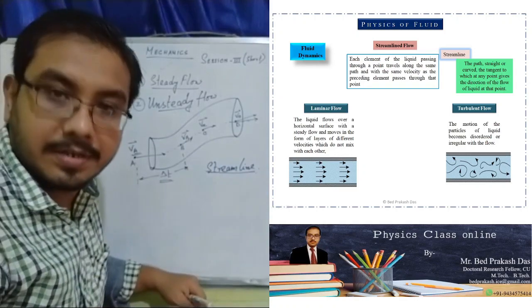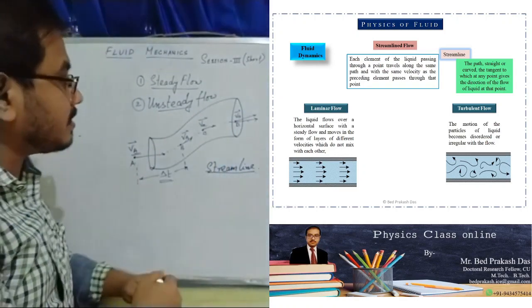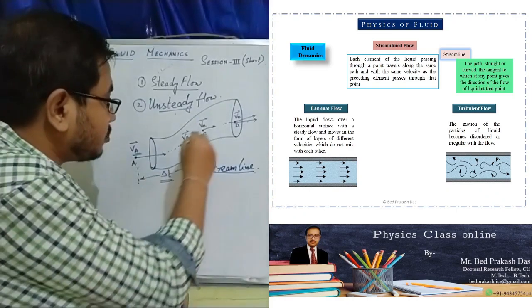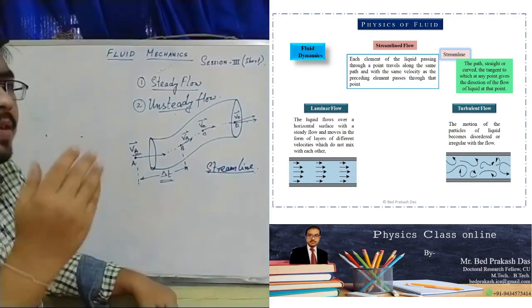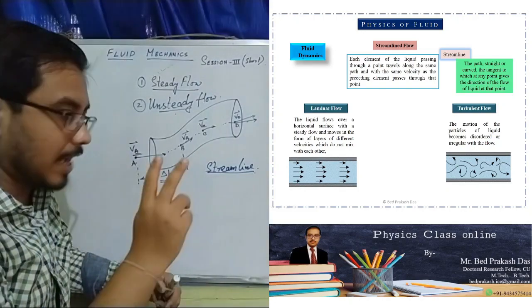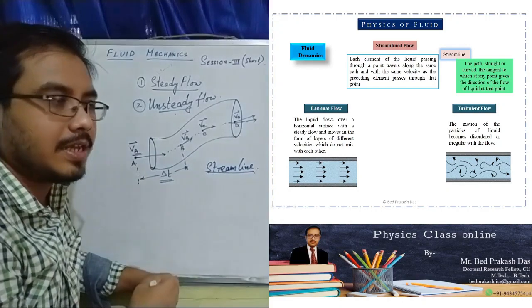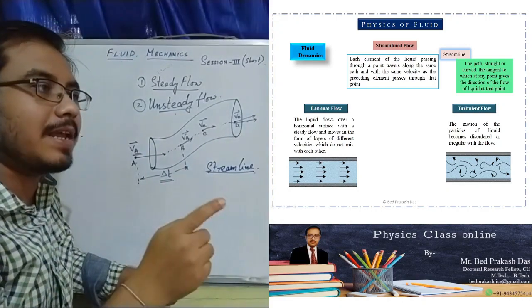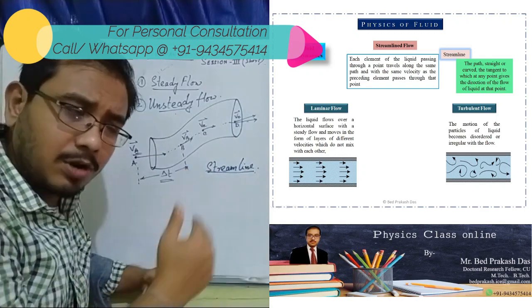So in this particular representation, this is the streamline of the fluid. Now you can see there are two types of flow of fluid mentioned: streamline flow or laminar flow, and turbulent flow.